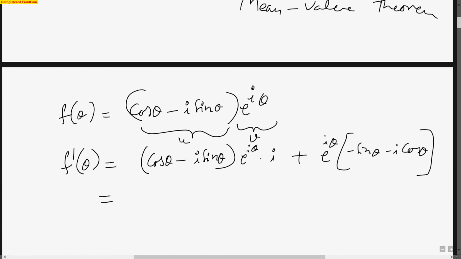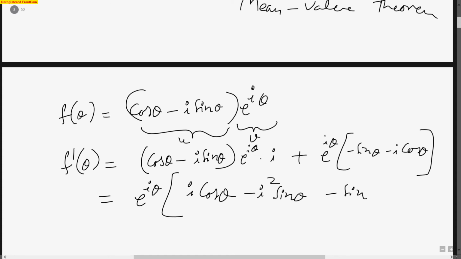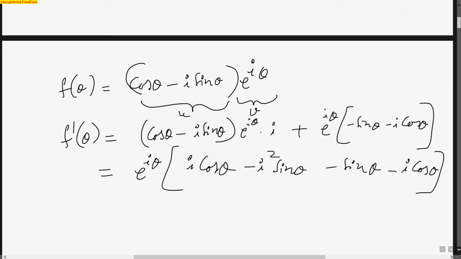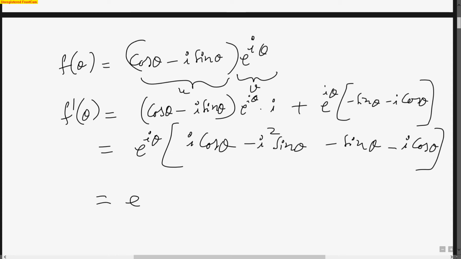We can take e power i theta common outside: e power i theta times i cos theta minus i square sin theta minus sin theta minus i cos theta. Here i square is equal to minus 1 because i is an imaginary number.